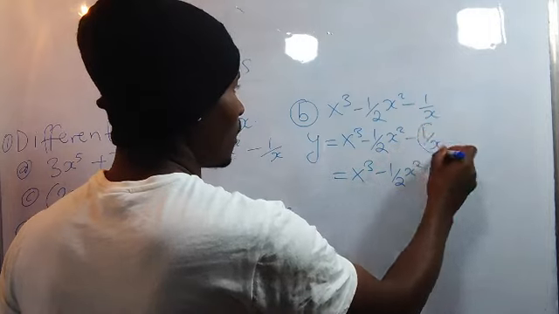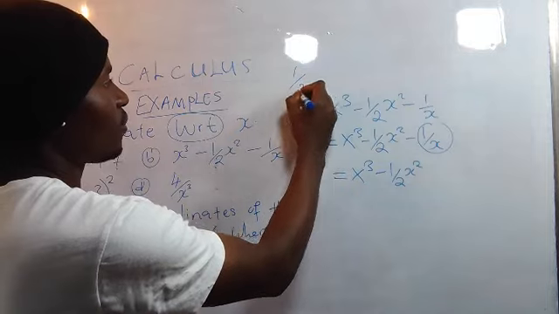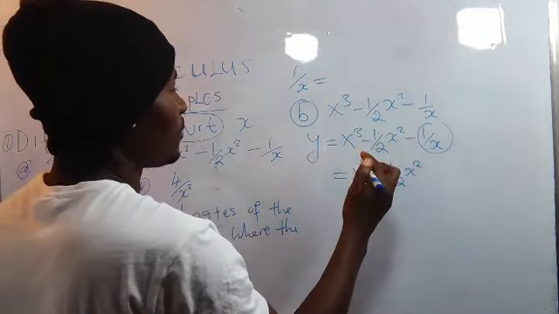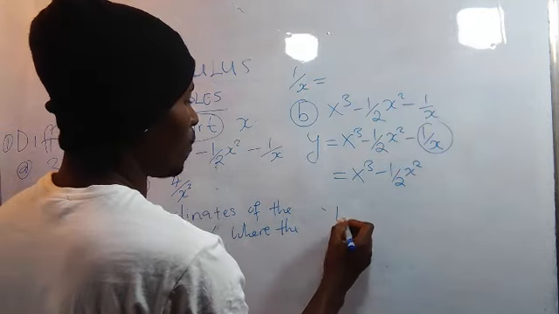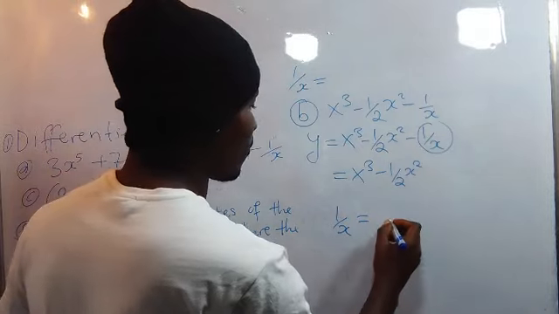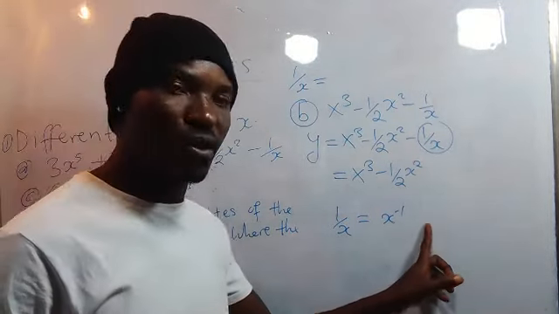Now, this one, 1 over x. 1 over x can be said as same as x to the power negative 1. So x to the power negative 1.